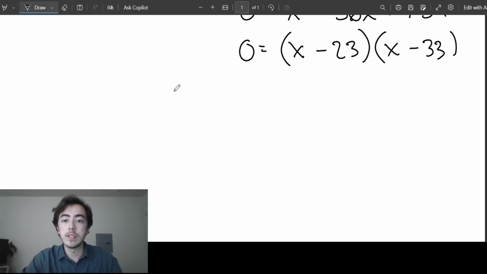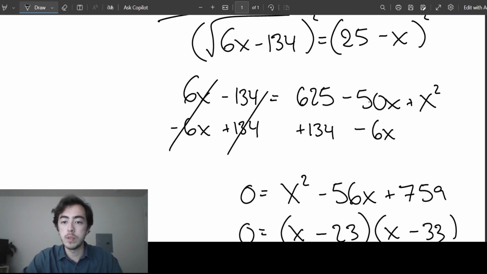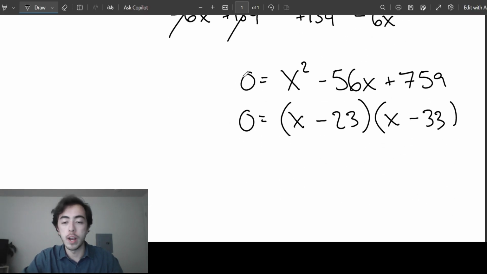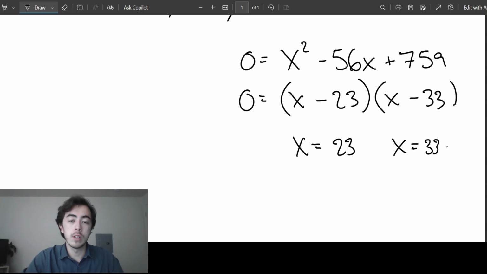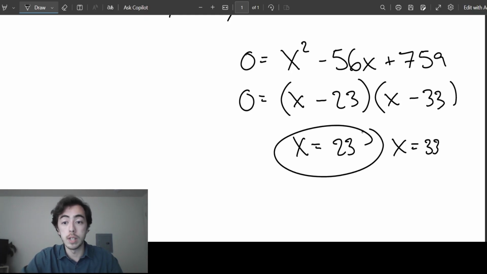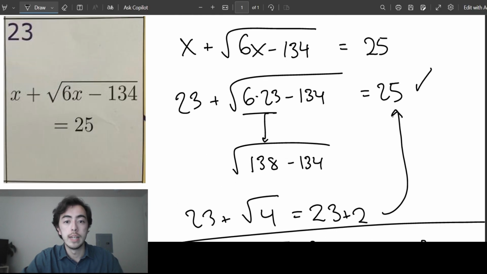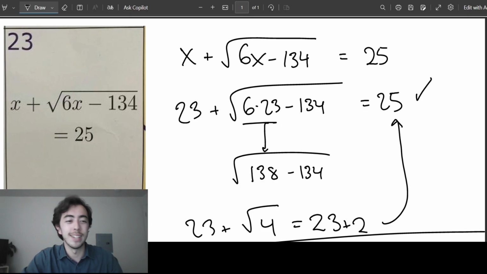And at least this algebra method of squaring both sides, finding the quadratic, and setting it equal to 0, we do get two solutions, x equals 23 and x equals 33. And here is where we would need to go back and double check and see, do these answers actually make sense for our initial equation? 23 does, because we already checked that earlier. And let's just see what happens if we accidentally pretend that 33 is the right answer.